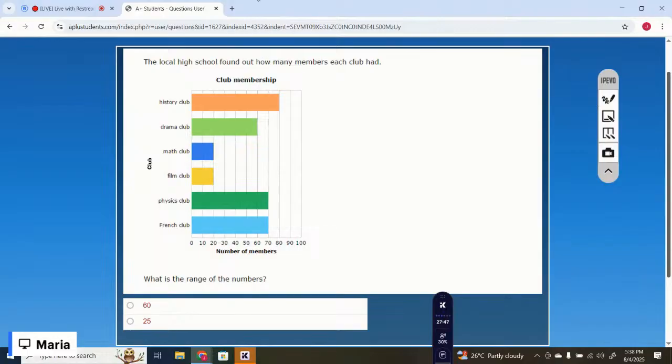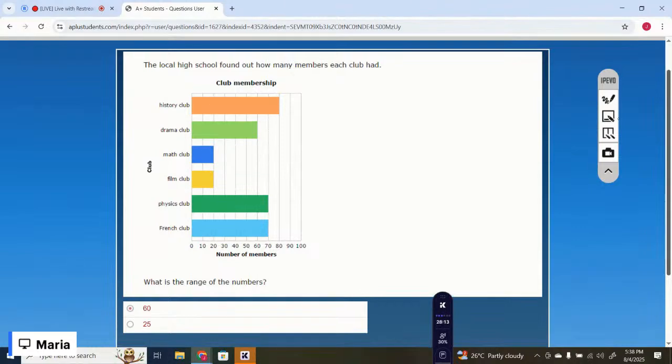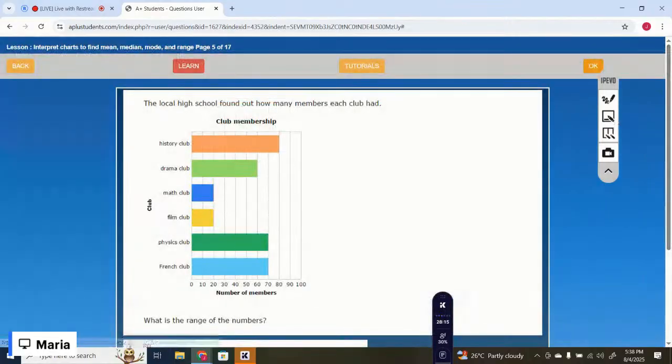So 80 minus 20 is 60. Option number 1 is the correct option, 60 it is.